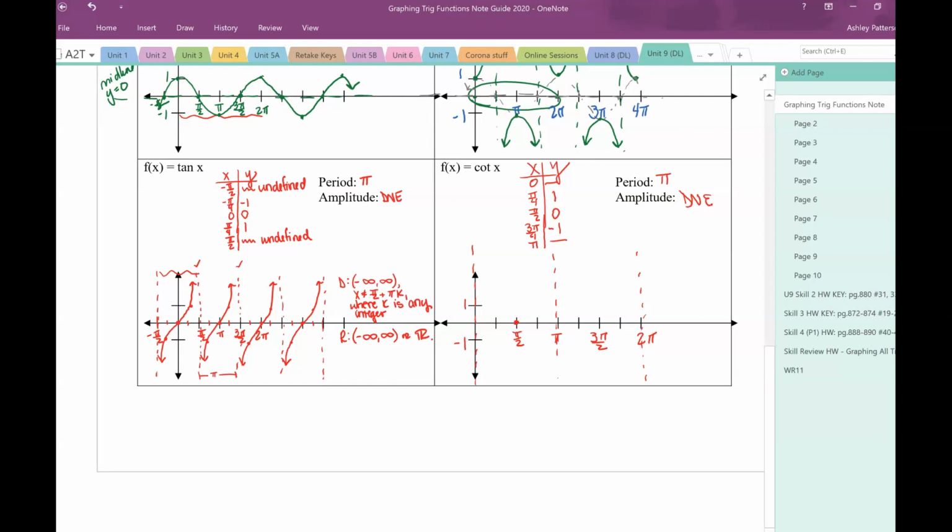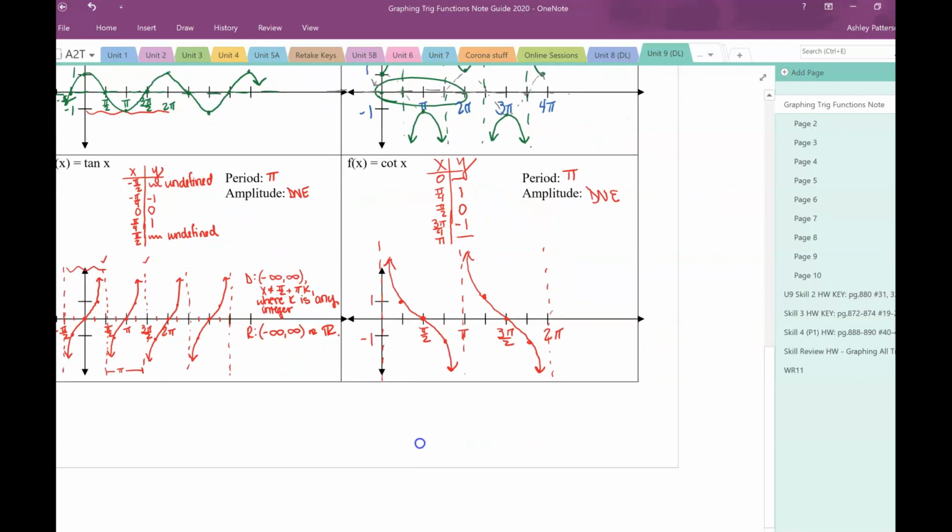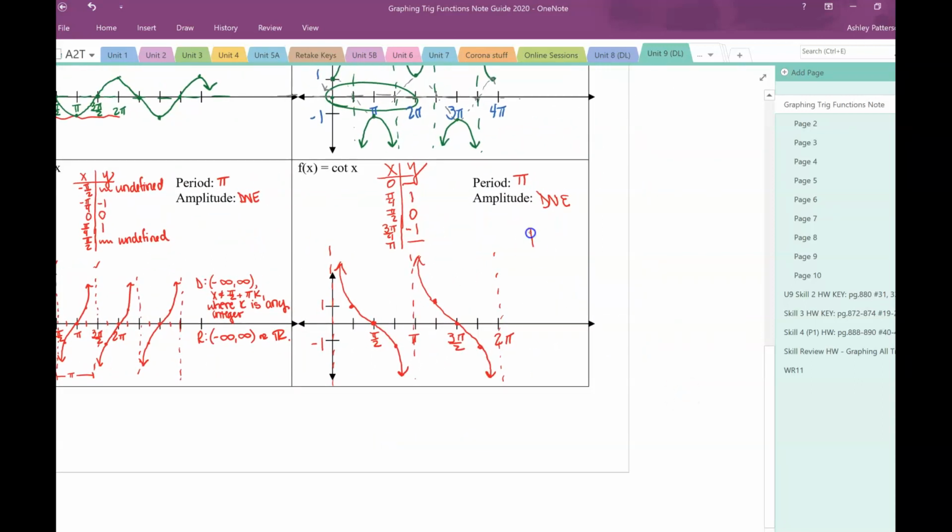Pardon me, cotangent of pi over 4 is 1. You're going to see similarities for sure, but it looks as if cotangent simply is tangent that has been reflected and shifted. That is not a mistake. Kind of awesome.